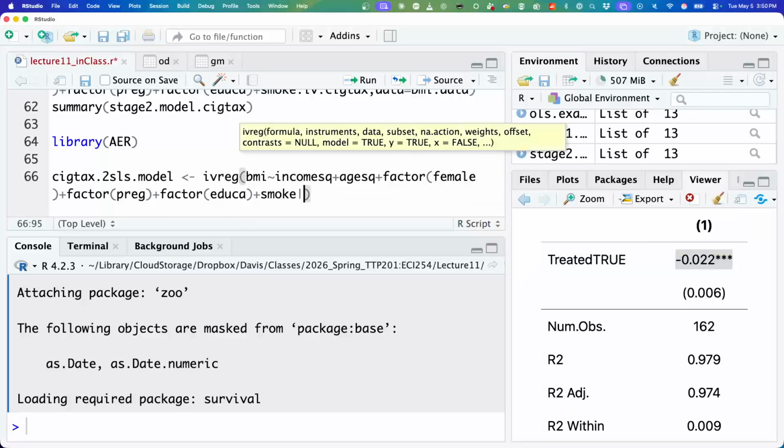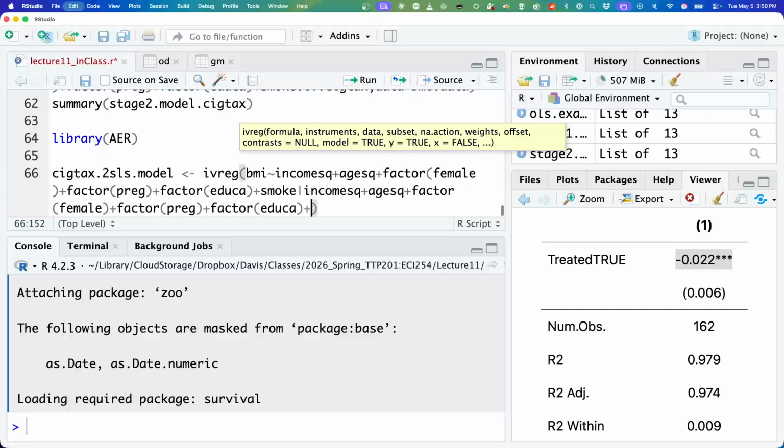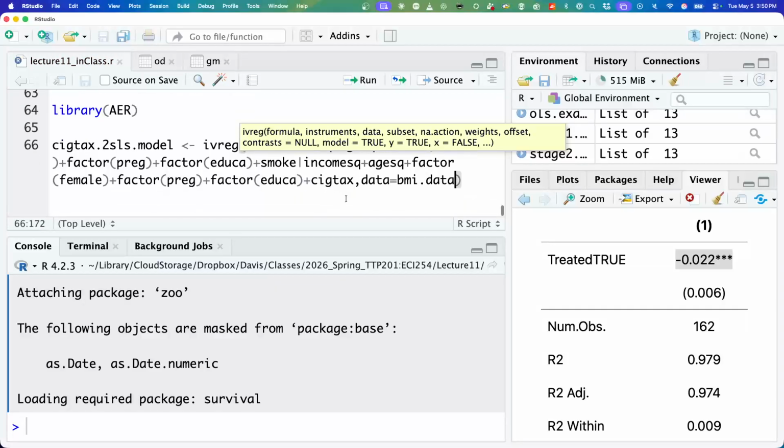And we do this horizontal line that's indicating this particular variable, you're going to do the first stage applied to it. And here, I add in all of my other variables plus my instrument. So they're all going to appear again, and then we have data as per normal.